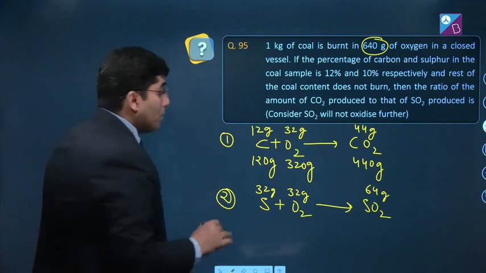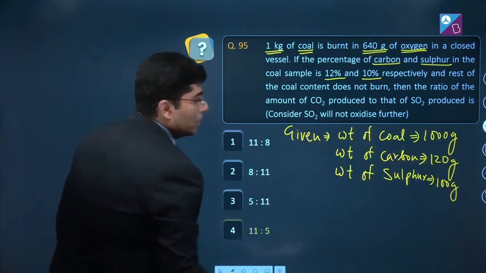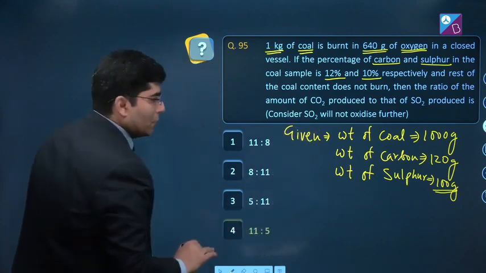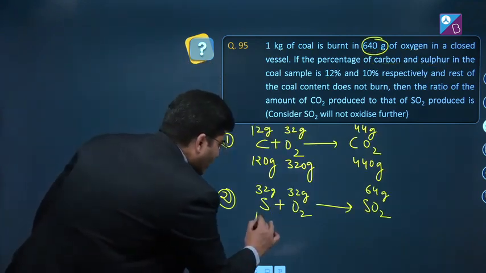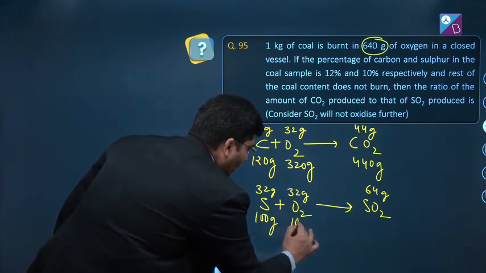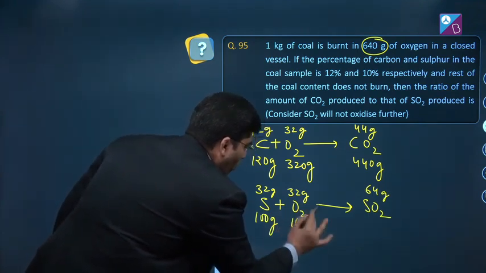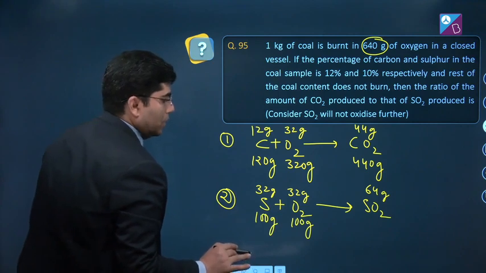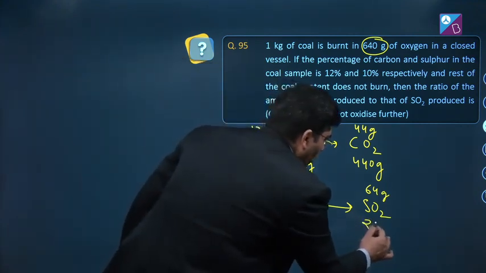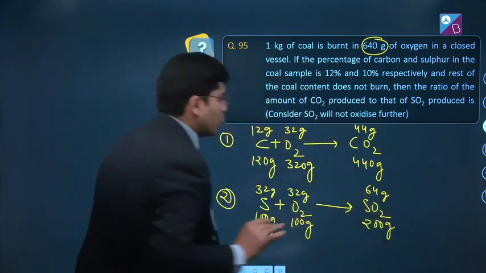Clear? But we have 100 gram of sulfur. So if we have 100 gram of sulfur, this 100 gram needs 100 gram of oxygen, right? And it will form 200 gram of SO2.